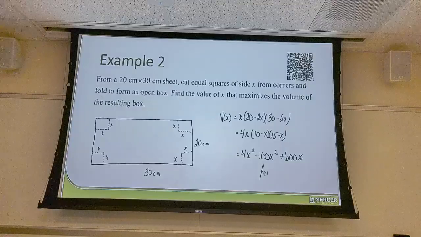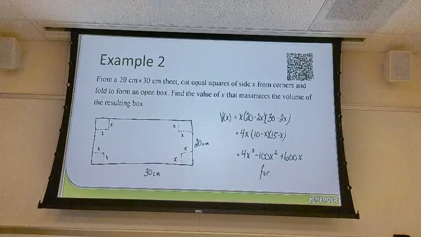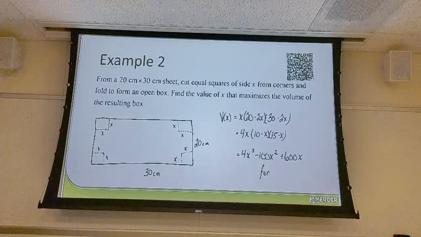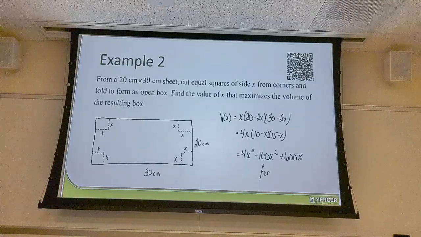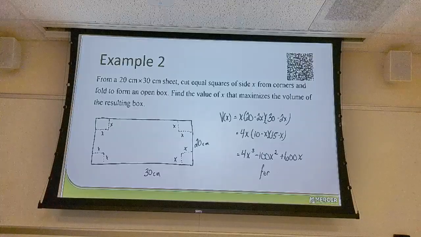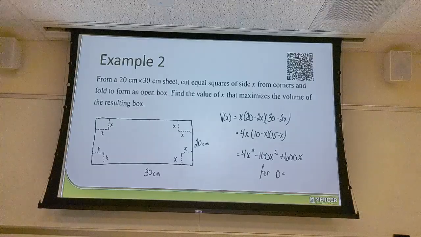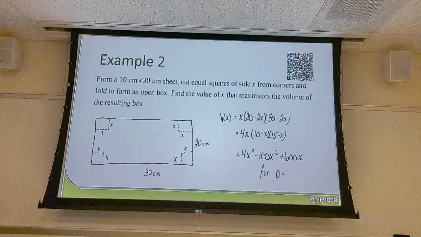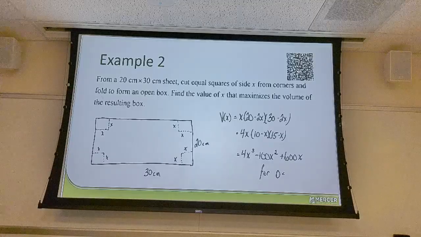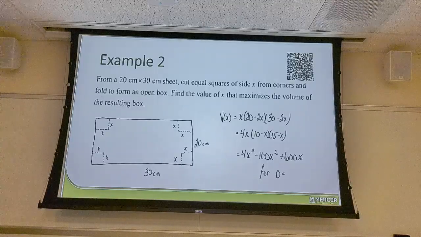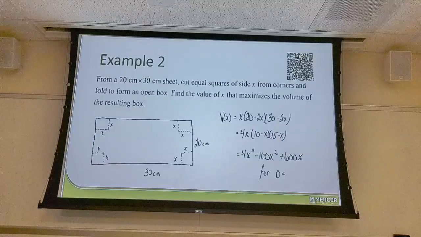Domain. All real numbers. Can x be negative? Oh no. The lower bound for x would be 0, right? It can't be 0, because then we're not doing anything.